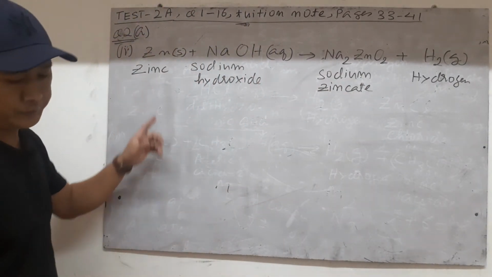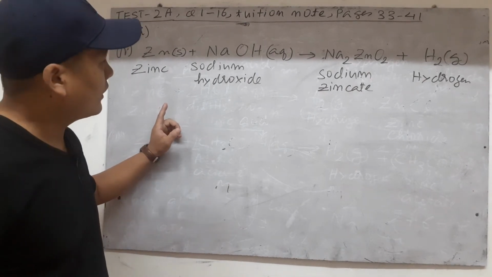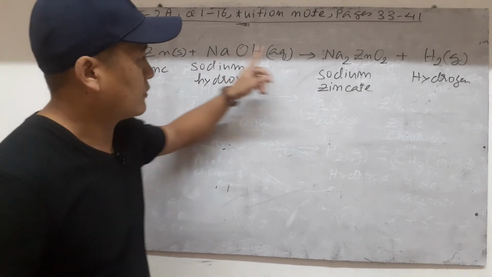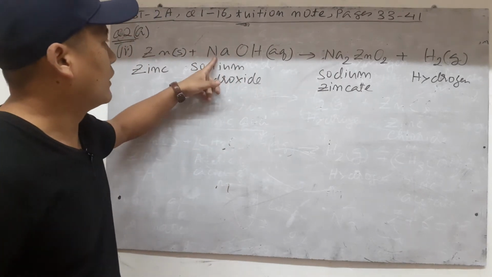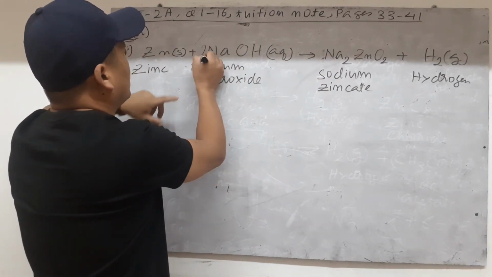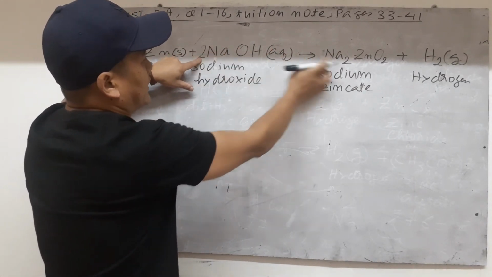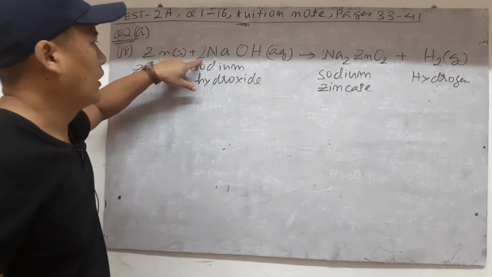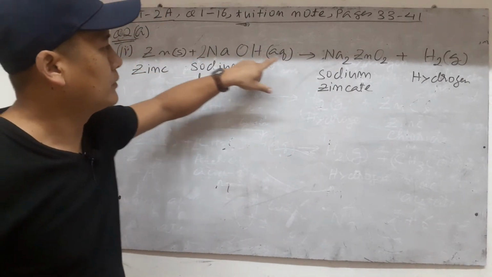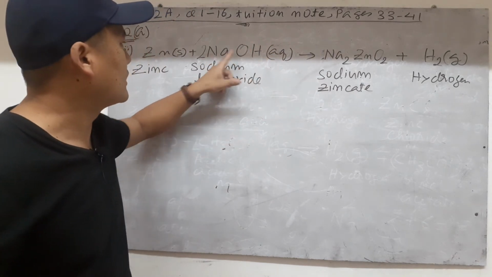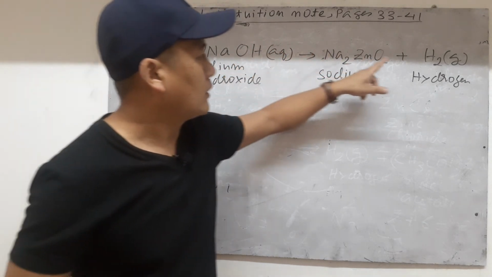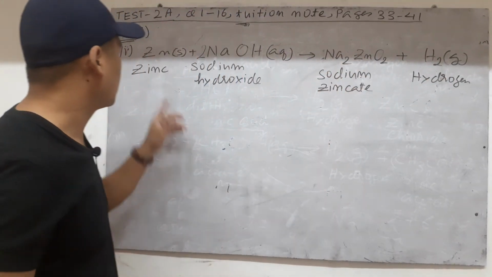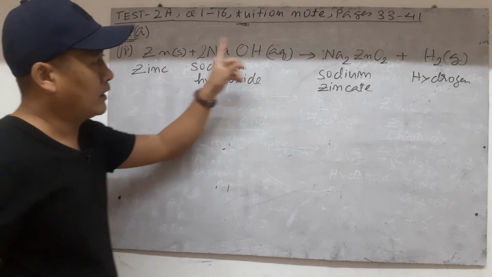Let us balance now. Here you see Zn1, here also 1. Na1, here 2, so we need to put here 2 to increase it to 2 to balance this 2 on the right. Now next, 2 oxygen atoms, here also 2. 2 ones are 2 hydrogen atoms, here also 2 hydrogen atoms. So zinc atom on the left, 1, on right also.